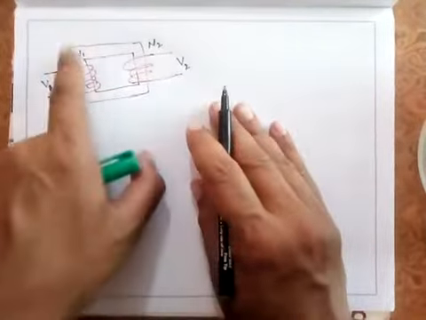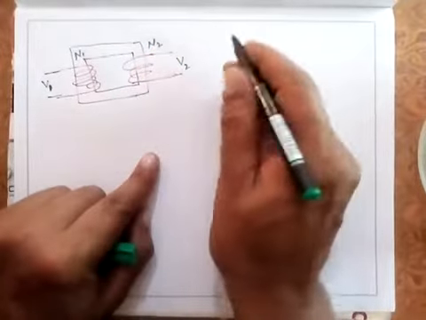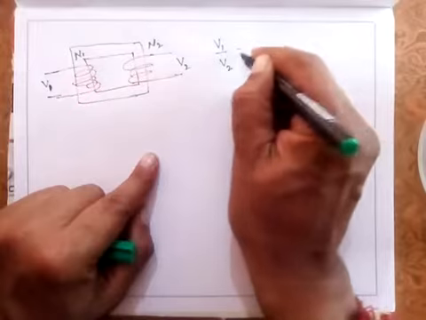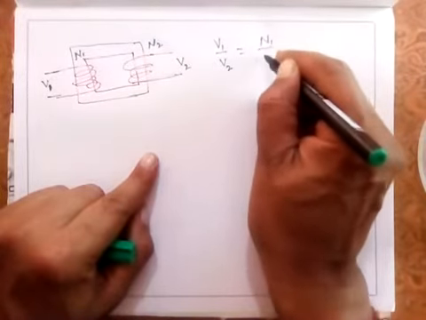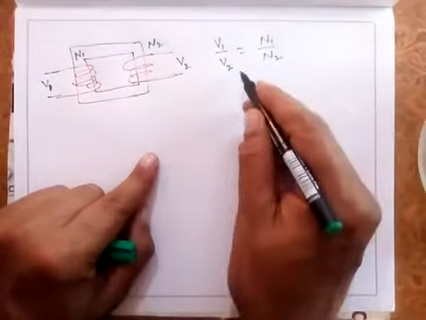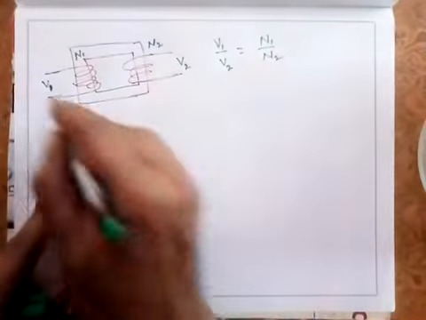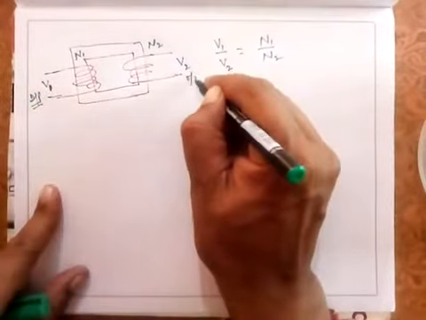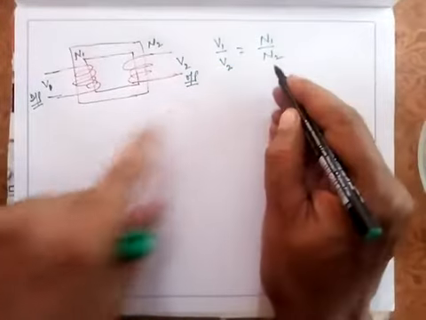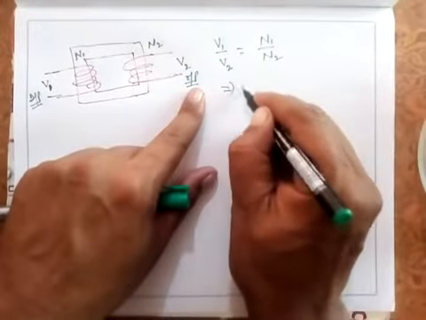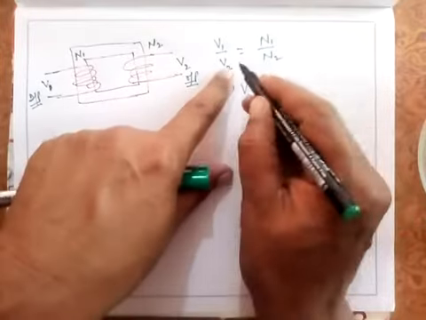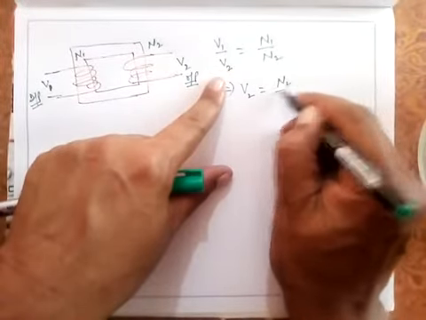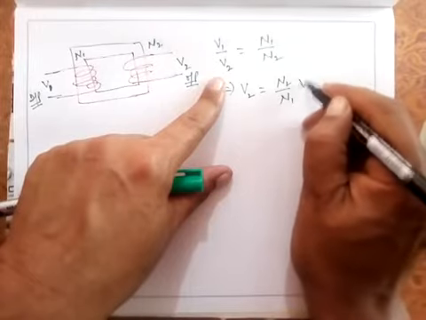Now depending upon this N1 and N2, you have a relation you must have done: V1 upon V2 is equal to N1 upon N2. Suppose this is the input of a transformer and this is the output. So V2 is equal to N2 upon N1 into V1.